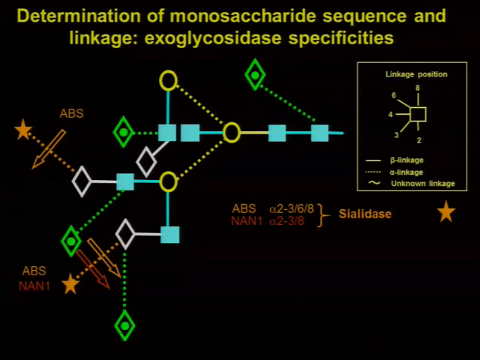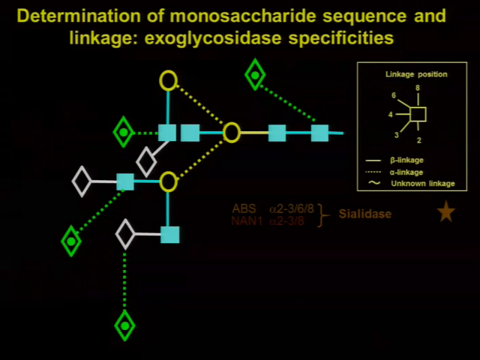So if you use this sialidase and the NanA one, you will find that some of the sugars are cleaved with just this one, and all of them are cleaved with the ABS. So that way you remove your sialic acids, right?